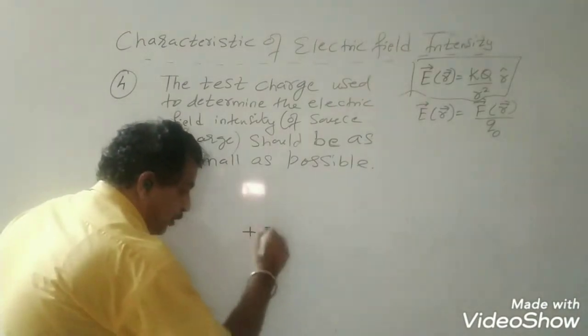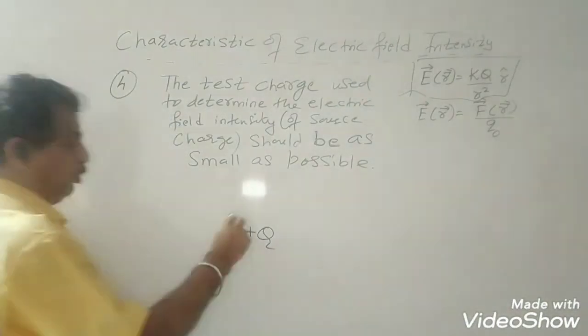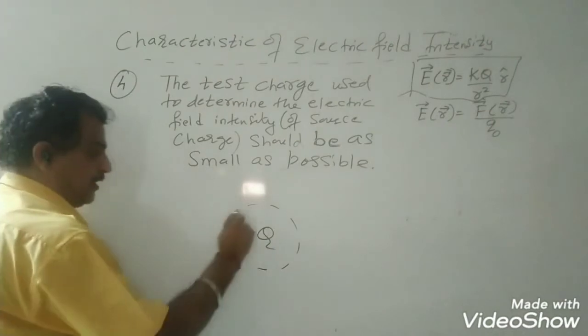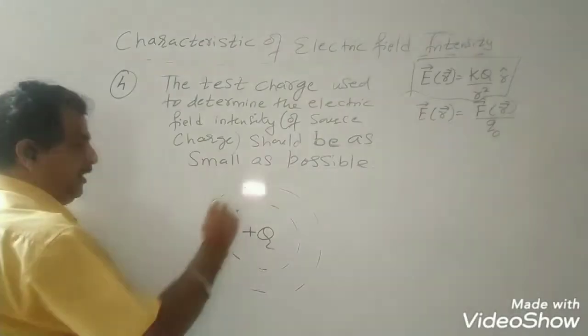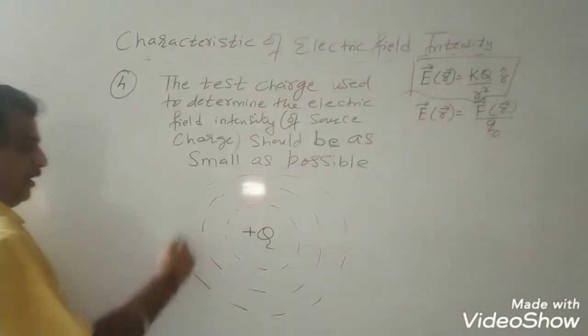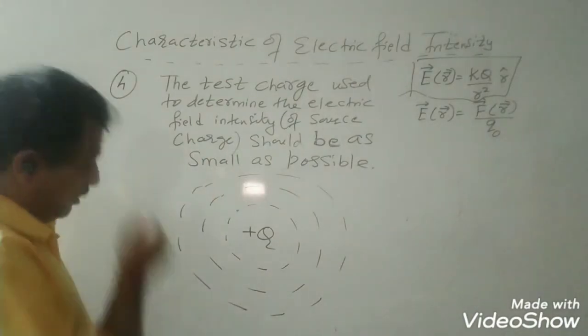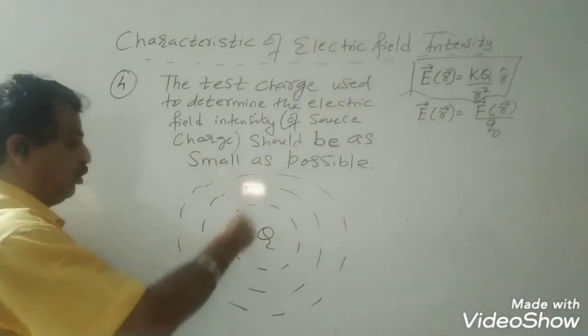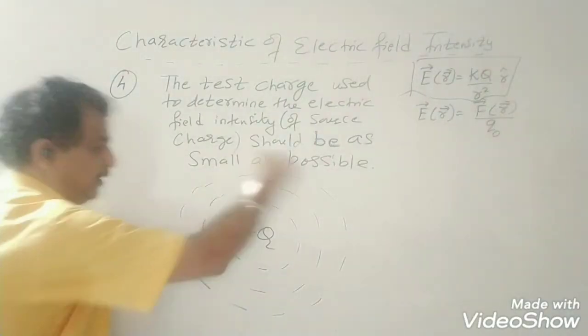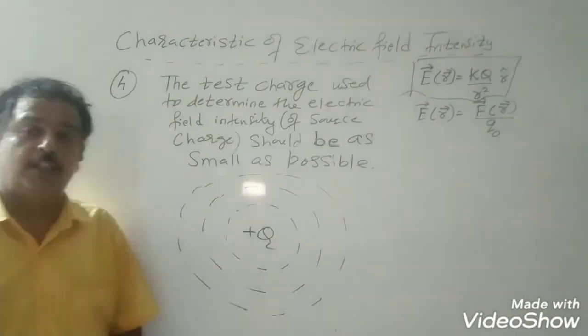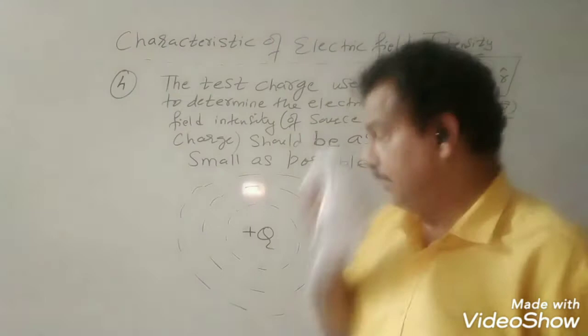So if capital Q is the source charge and we know its electric field is spherical, this is its region, this is its field. We will see why I am making this small sphere, then another concentric sphere, another concentric sphere. We will come to all these points.